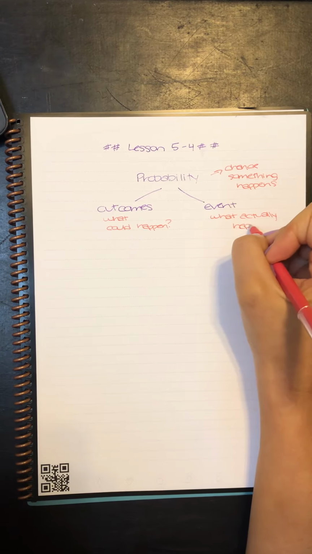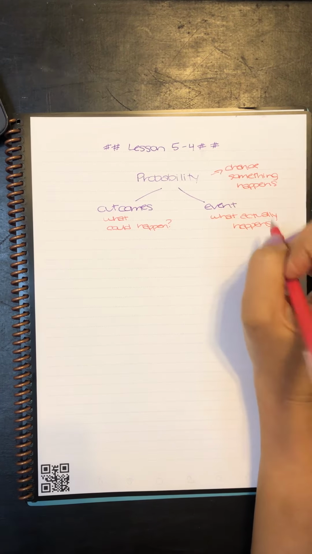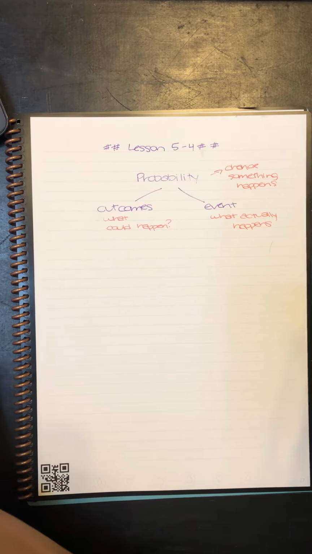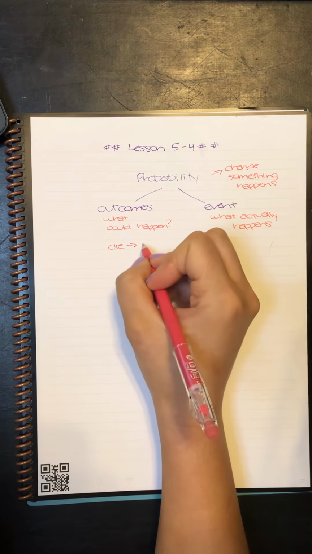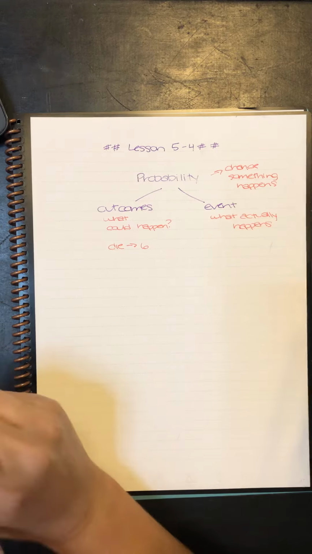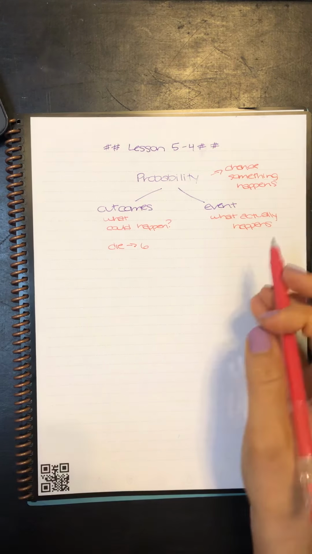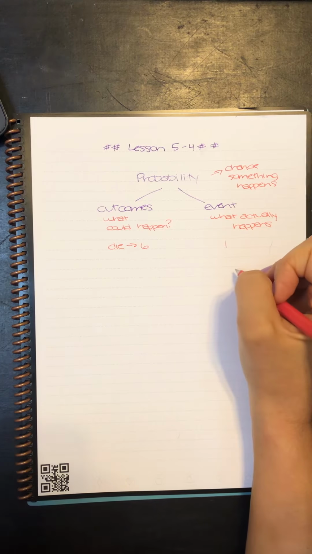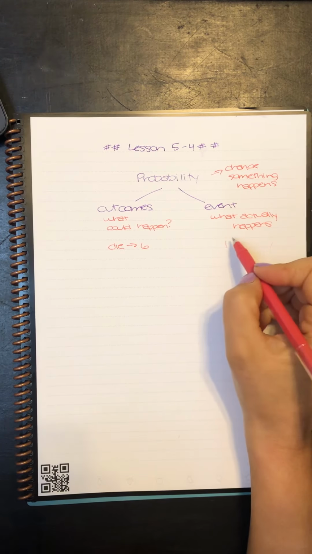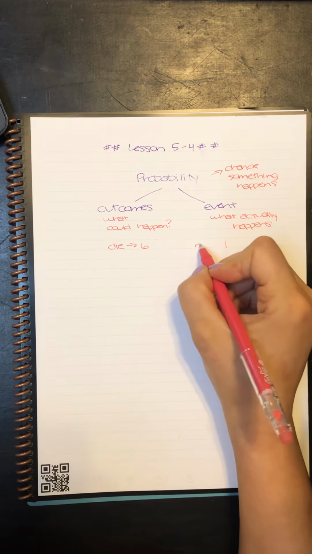So if I was talking about rolling a die, an even fair 6-sided die, the total number of outcomes would be 6. And if I said, okay, what if I want to roll a 1, or to win, I roll a 1, then my event would be 1, because I have 1 chance of being correct.